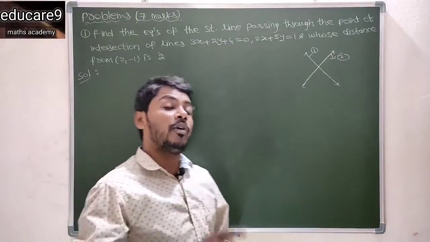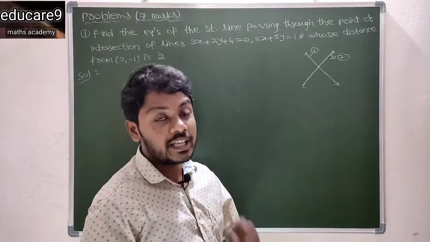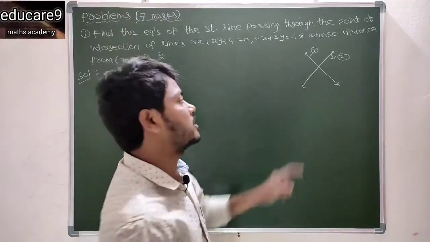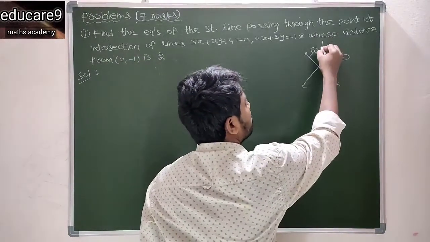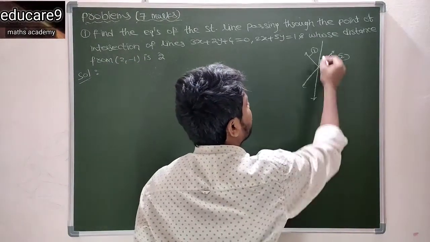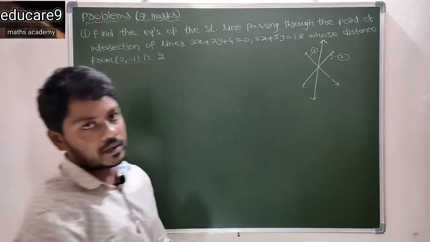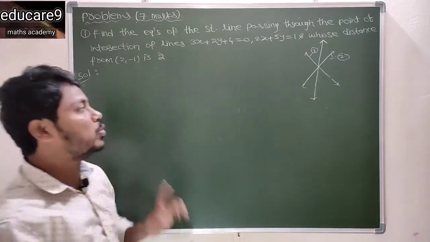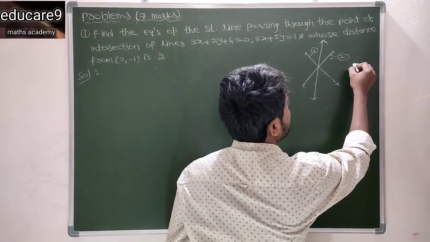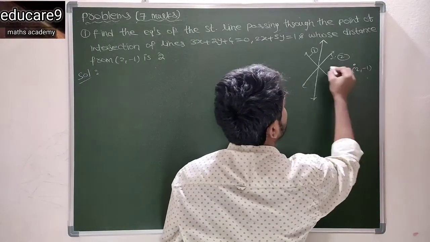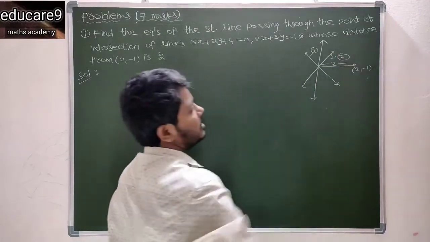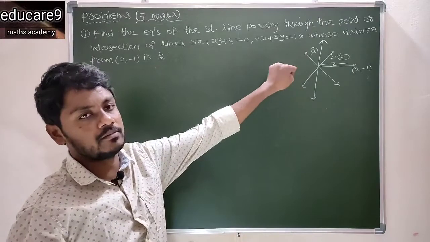Here you need to find the equation of the line passing through the point of intersection of the two lines, whose distance from (2, -1) is 2 units.